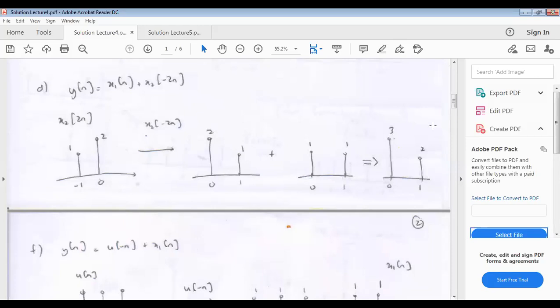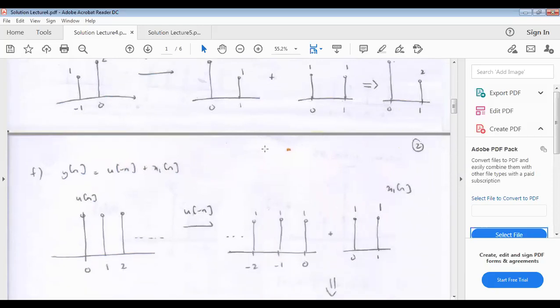Okay, good. Next will be the y[n], which is u[-n] plus x1[n]. u[-n] is basically a step function, it is actually the step function u[n] which experiences a reversal.